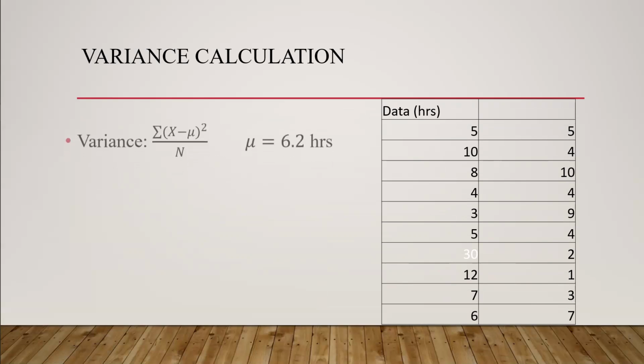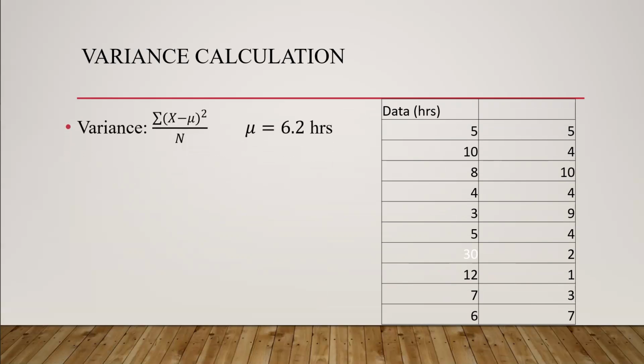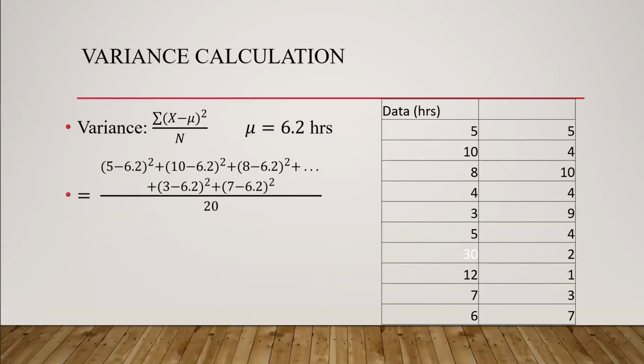Like I said before, the variance is this following equation. The mu, which is the mean, was calculated beforehand and found to be 6.2 hours. With that in mind, you start plugging in numbers. X equals 5 in this case, so it's 5 minus your mu, squared, plus your second data point, 10 minus 6.2 squared.